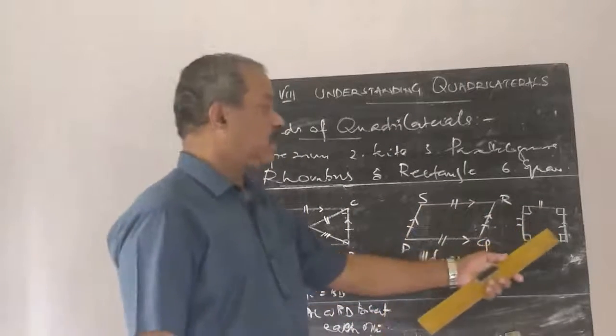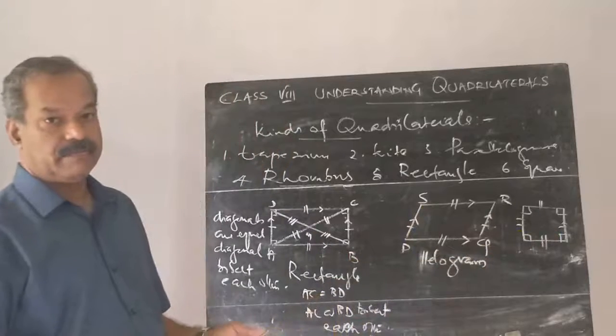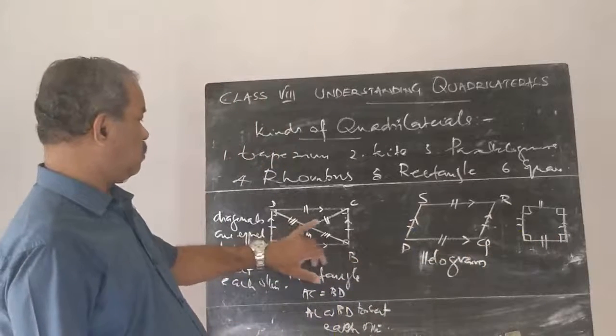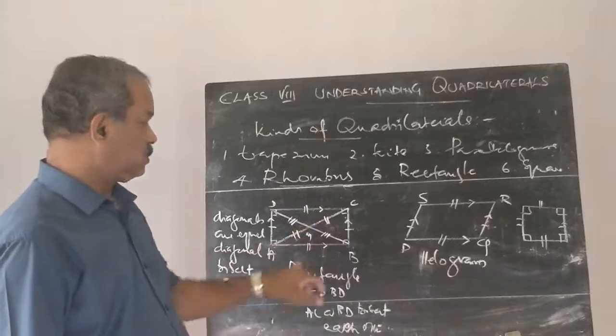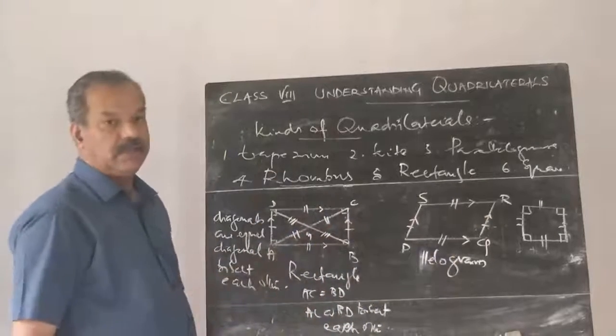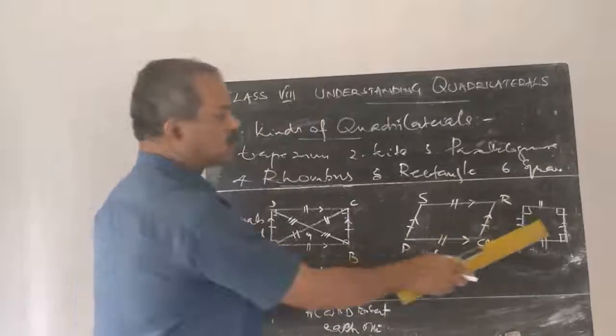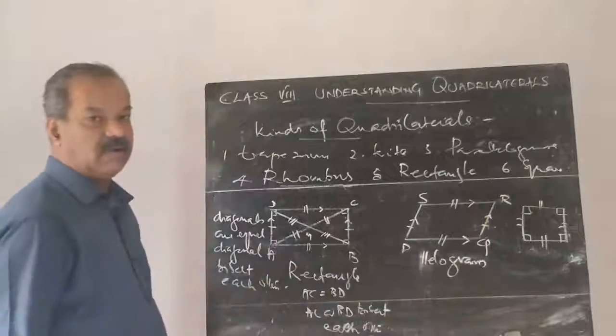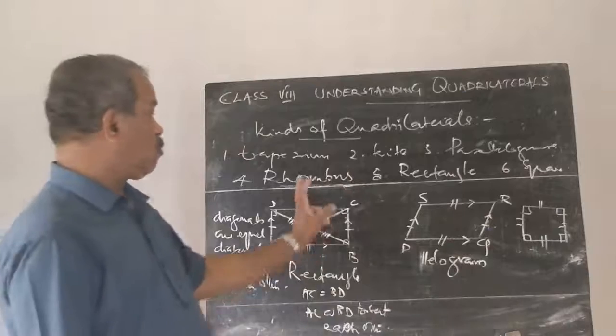But a square has one more property than a rectangle, which is that all the sides are equal. In a rectangle, opposite sides are parallel and equal. But in a square, all the sides are equal, as in the case of rhombus.